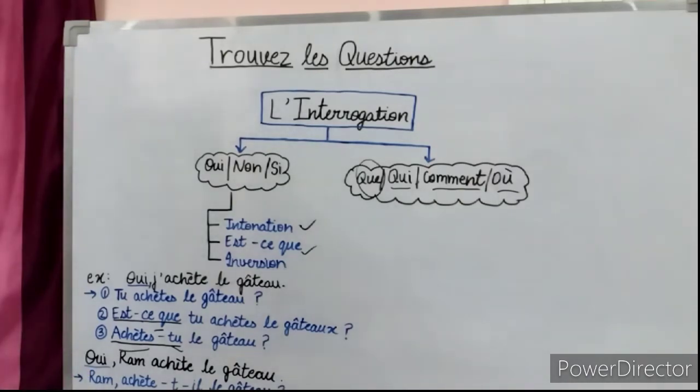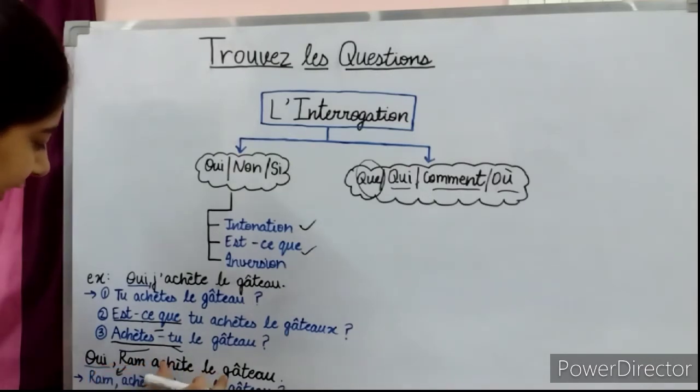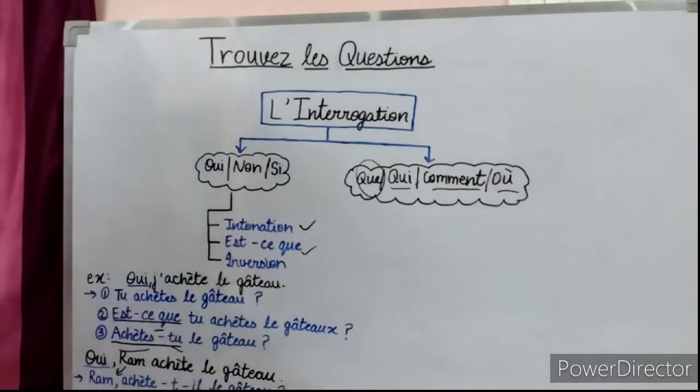Then comes the second example, which says oui, Ram achète le gâteau. Here the meaning is yes, Ram buys the cake. Here I have done the inversion method. First the name Ram would come, secondly achète, and you have to reverse it with the subject pronoun. Ram is masculine, so you'll use il. So achète-il le gâteau?